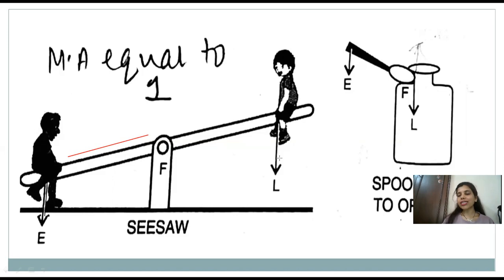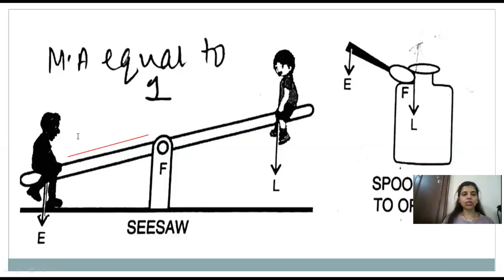But when we are showing a schematic diagram to understand the difference in the load and the effort, we represent load in the downward direction, effort in the upward direction. So here you can see, from the fulcrum till the effort is going to be acting like the effort arm.